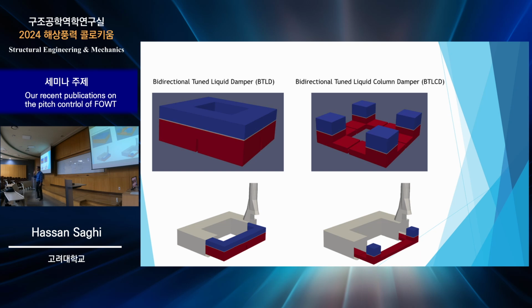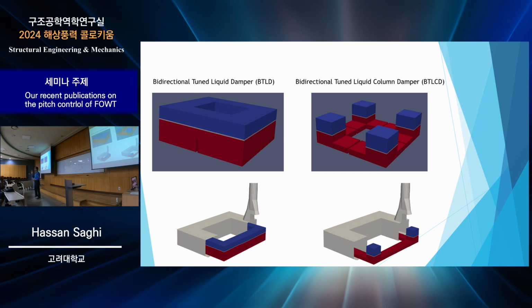If you don't have a baffle at the middle of the BTLD, we cannot control the pitch motion, so finding the optimum baffle is very important. In this figure you can see we have a baffle.